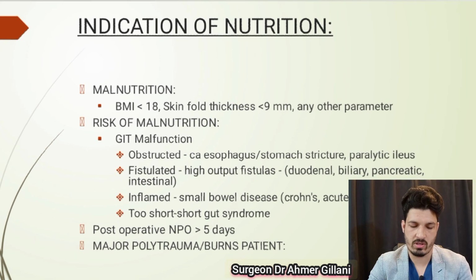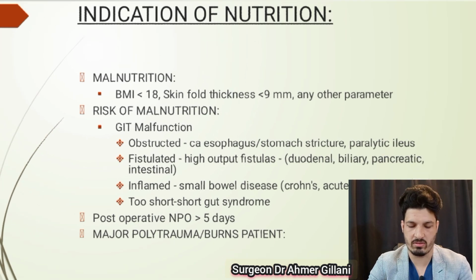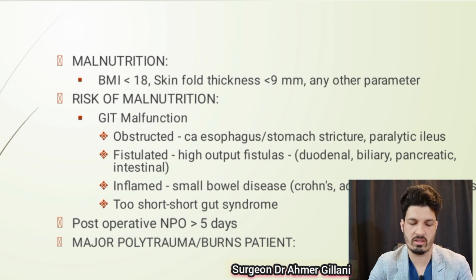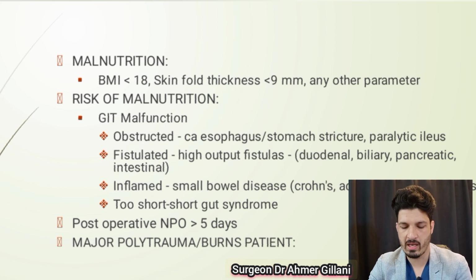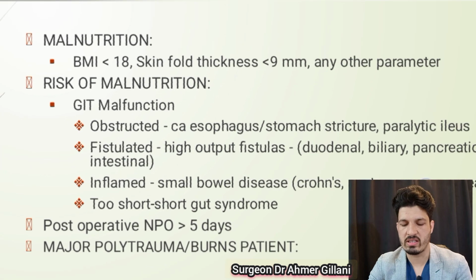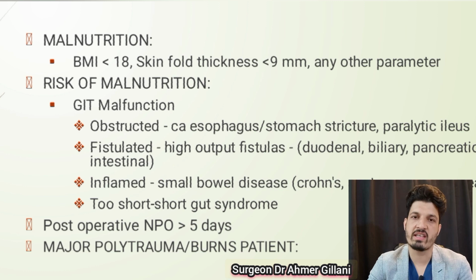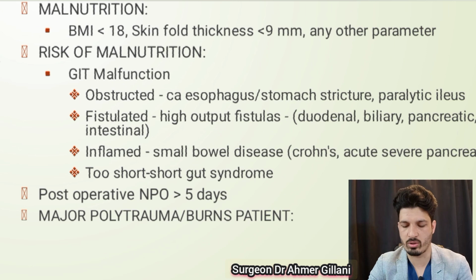Indication for nutrition: if the BMI is less than 18, or skin fold thickness less than 9 mm, or any other parameter which is fulfilling the criteria for nutritional build-up. And there is also a group of patients who are at risk of malnutrition, like in case of GIT malfunction, for example obstructing carcinoma of the esophagus, stomach stricture, paralytic ileus, high output fistulas, and small bowel disease like Crohn disease, acute severe pancreatitis, and short gut syndrome.